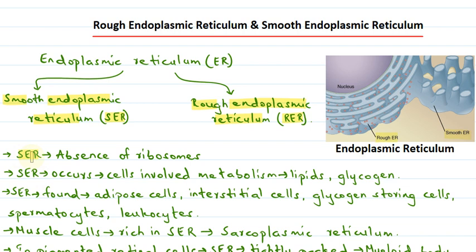So SER is called SER because it is smooth in appearance, because there is an absence of ribosomes, and hence it is known as smooth endoplasmic reticulum. So SER occurs in cells involved in metabolism of lipids and glycogen. Then SER can be found in adipose cells, in interstitial cells, in glycogen storing cells, in spermatocytes and leukocytes.